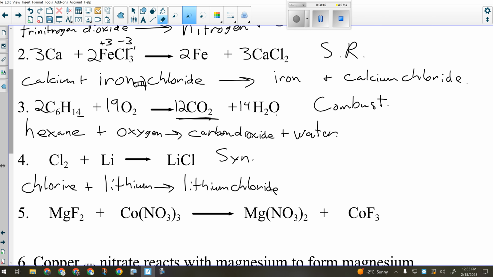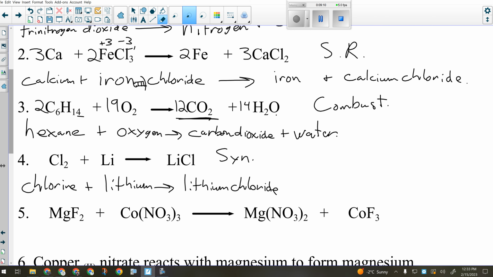In the reactants, chlorine came first. Why didn't I write chlorine first on the product side? Because it's a non-metal, and so I made an ionic compound, and in an ionic compound, I have to list the metal first.